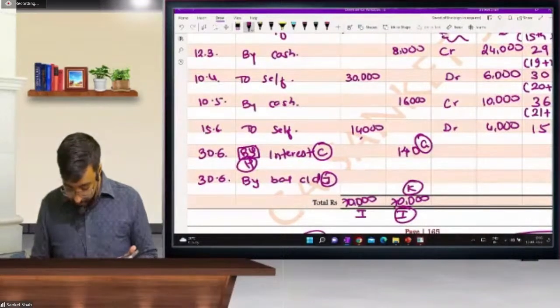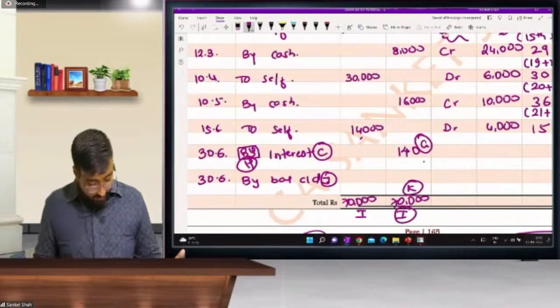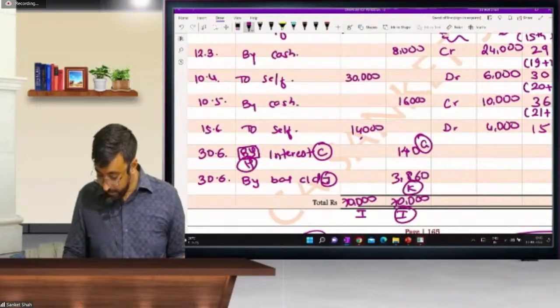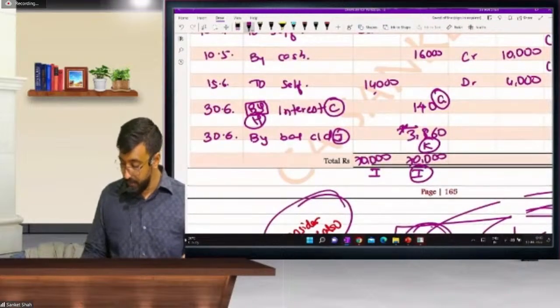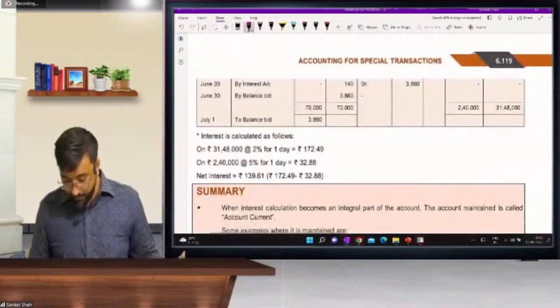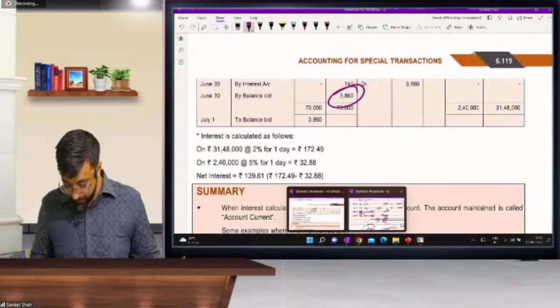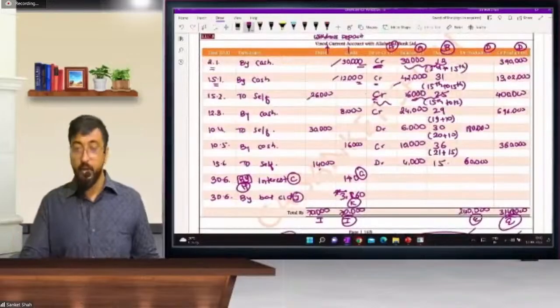So on J I wrote by balance carried down, and on K the balancing figure 3,860, and 3,860 is my final balancing figure. If my answer is correct, 3860, then you have to watch the session again. 3860 is my answer for illustration number 8.